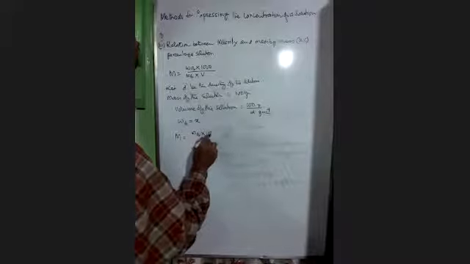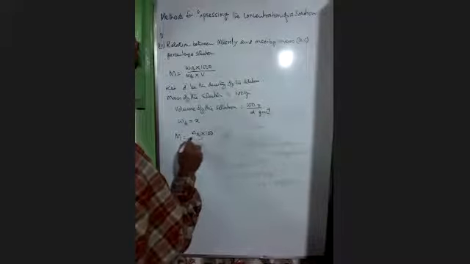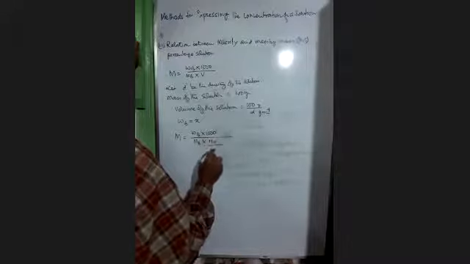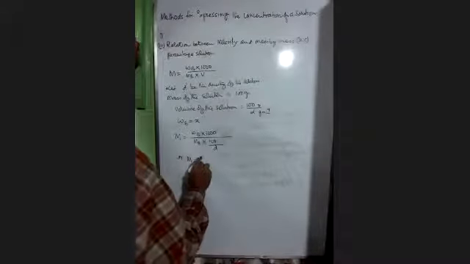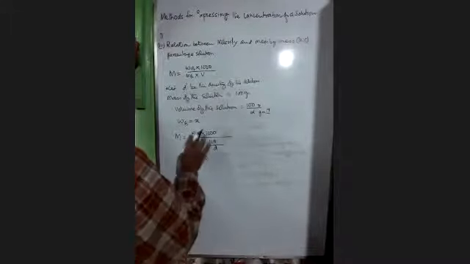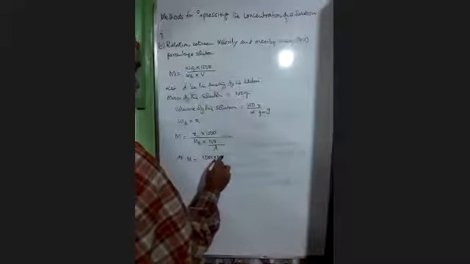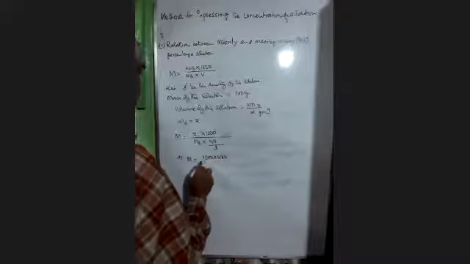WB into 100 divided by MB, sorry, 1000. 100 by D, or M is equal to, sorry, 10 into X into 1000.